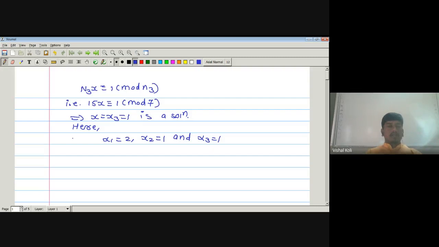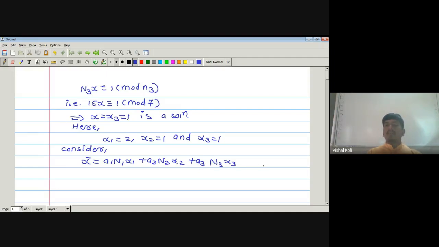Therefore, consider x bar. And x bar is nothing but, according to the Chinese remainder theorem, a1 N1 x1 plus a2 N2 x2 plus a3 N3 x3. Whatever the value, we have to take it modulo n, that is n1 into n2 into n3.